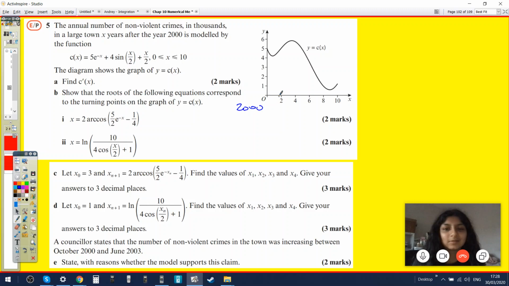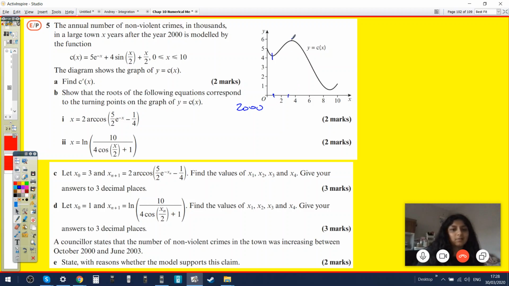October 2000. So there's one, and it'll be a little bit before that. So I assume they're referring to that dip. I'm guessing it was increasing. And June 2003. So yeah, that's 3 there.